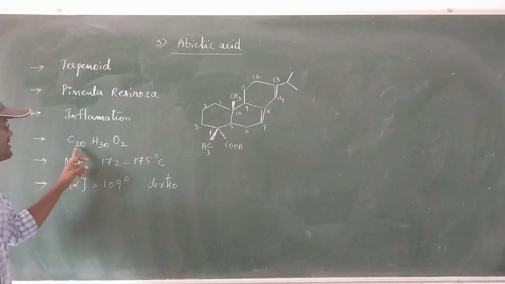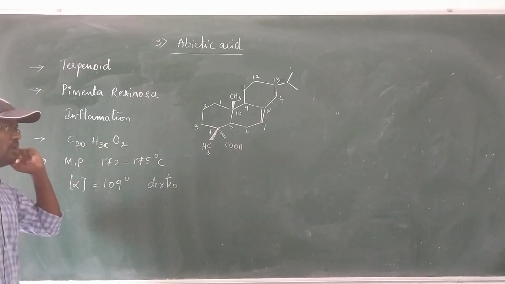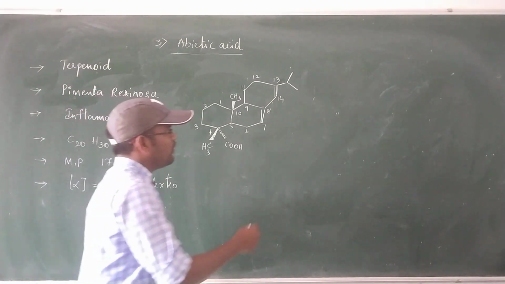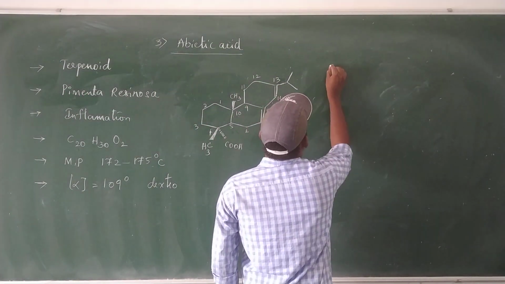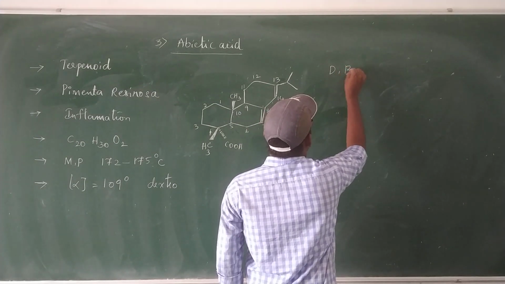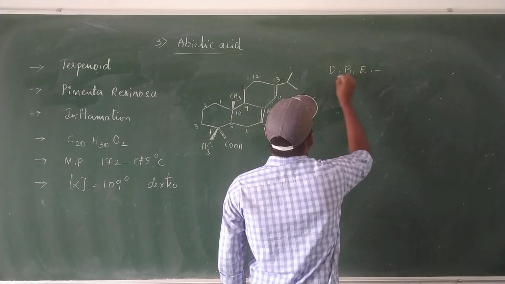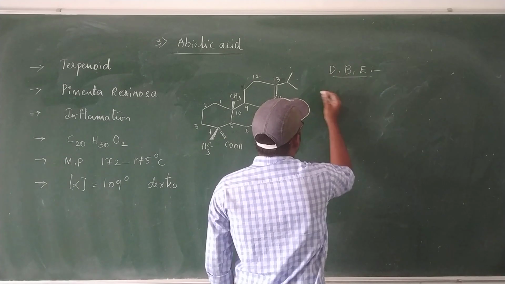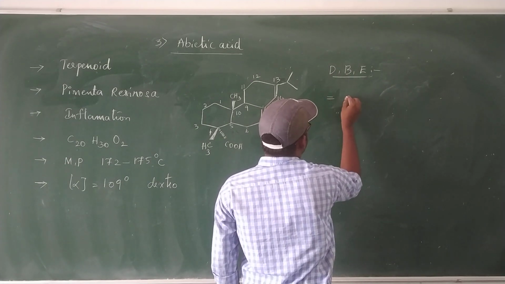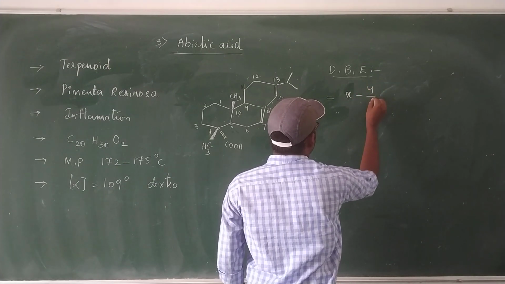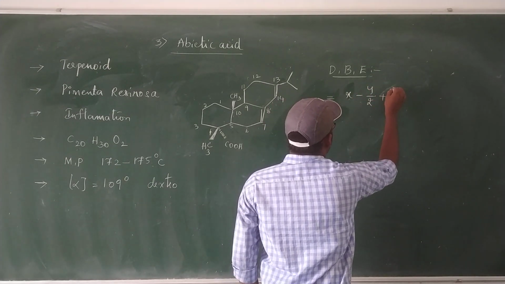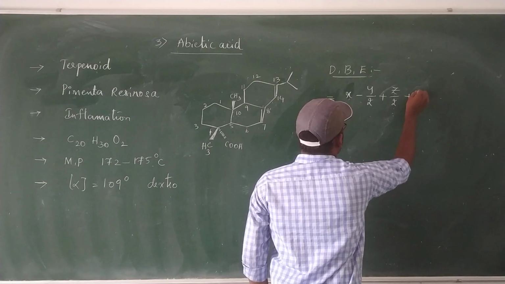So molecular formula C20H30O2. Now let me calculate the double bond equivalence, DBE, of abietic acid. We already know the formula: DBE is equal to x minus y by 2 plus z by 2 plus 1.